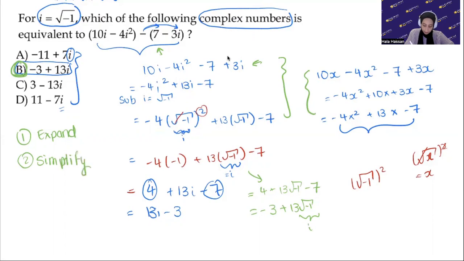And then third one, make appropriate substitution. And if you've noticed, most questions are like this. We made that substitution of i is equal to root of -1. And the last step is simplify again, right?